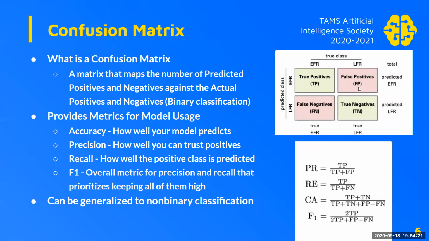Now, out of all those times, how many times was it actually correct? The answer is true positives, how many correct positive classifications it got. So that's the equation for precision: true positive over all positive predictions, true positive plus false positive.